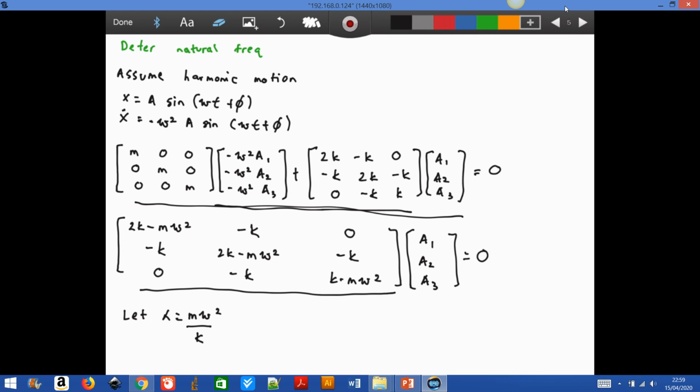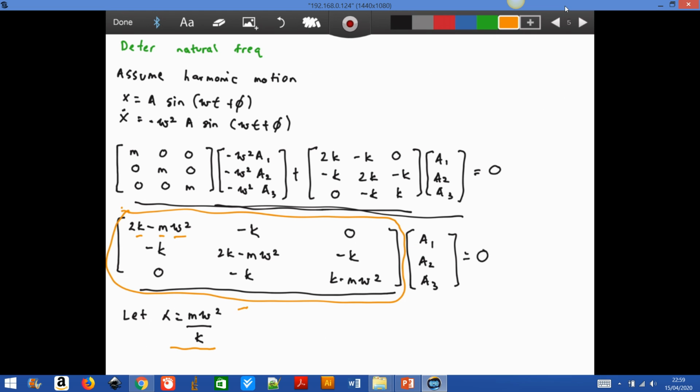Because we have too many unknowns here. We have the terms k, m, and omega. We want to simplify everything. So in order to let lambda equal m omega squared over k, we need to divide all of these matrices by k.